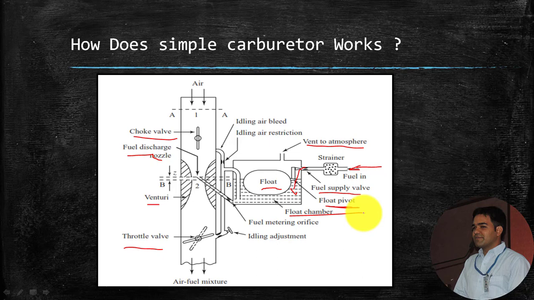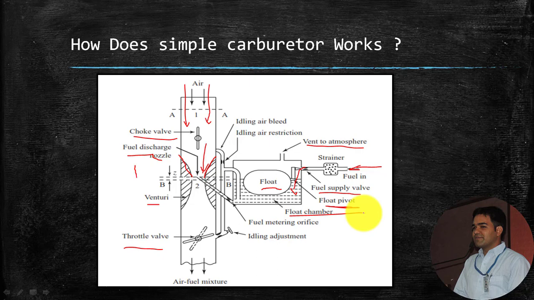chamber. As the suction process starts inside the cylinder, air is drawn into the cylinder due to the pressure decrement inside the cylinder. These air particles pass through the venturi section first. In the venturi, first we have a gradually decreasing area, and due to this gradually decreasing area, the velocity of the airstream starts increasing, and a pressure drop occurs.